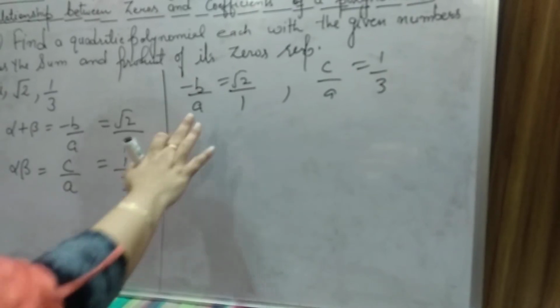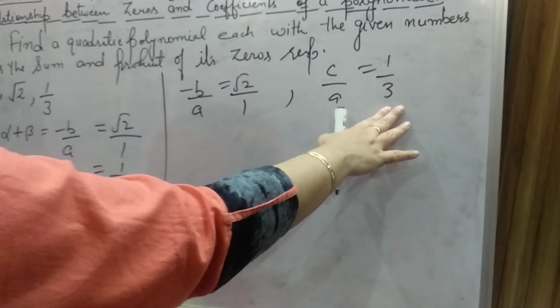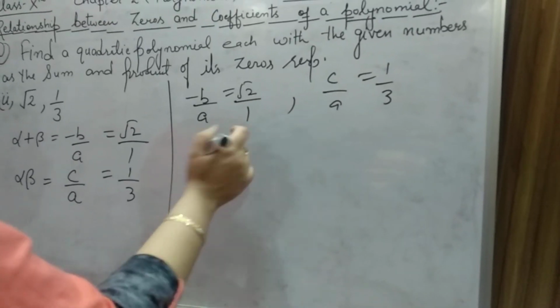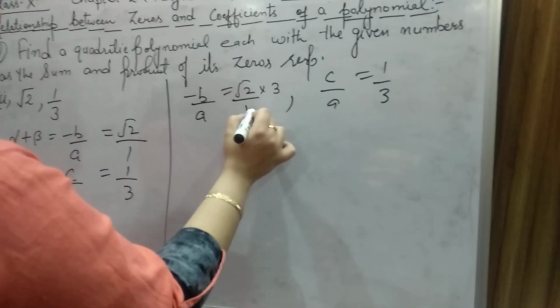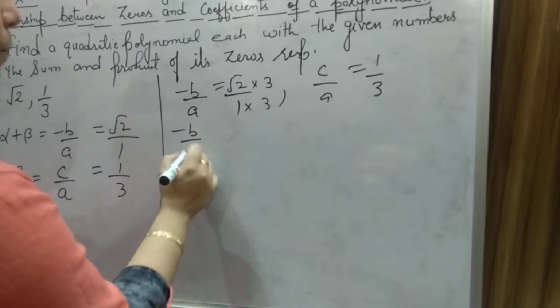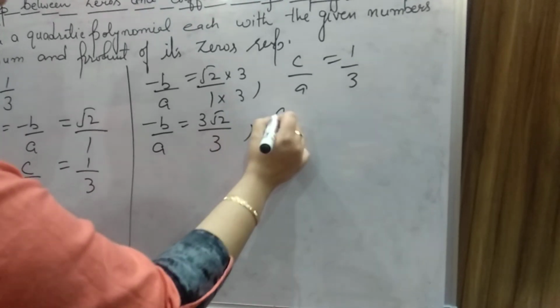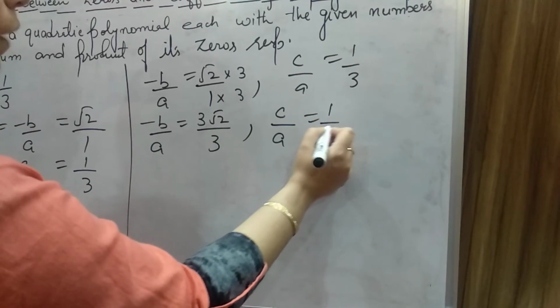As I earlier told you, you have to make the denominators the same. Here the denominator is 3 and the other denominator is 1. It means we have to multiply here by 3. Now minus b upon a is equal to 3 root 2 upon 3 and c upon a is equal to 1 upon 3.